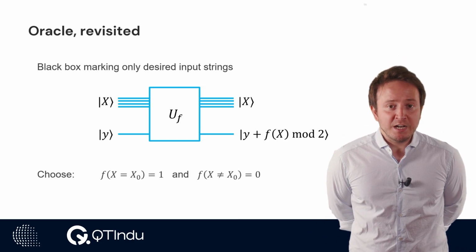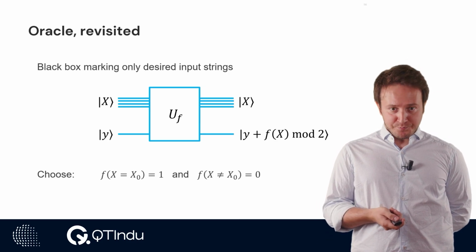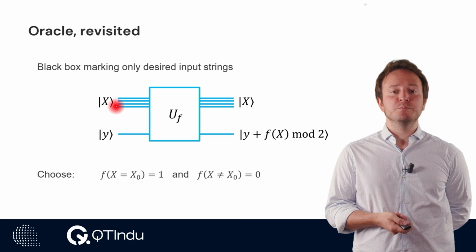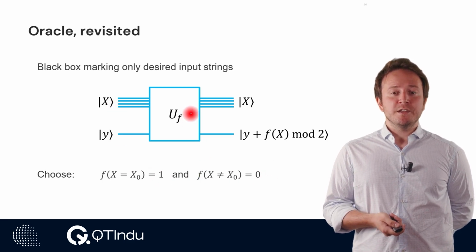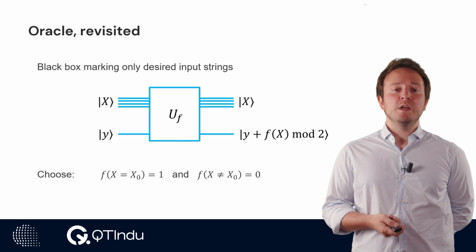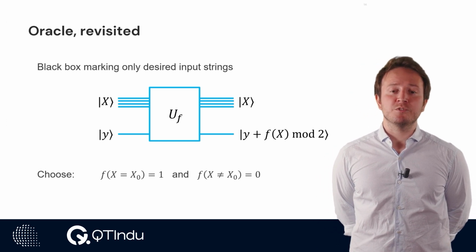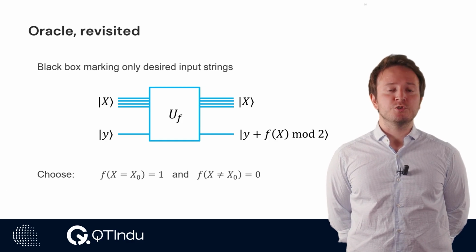Suppose that we choose this function such that the function is 1 only for a certain register input and is 0 for all the others. Then we can interpret this oracle as a black box that only marks certain desired input strings. This is essentially what we want in our quantum search algorithm.